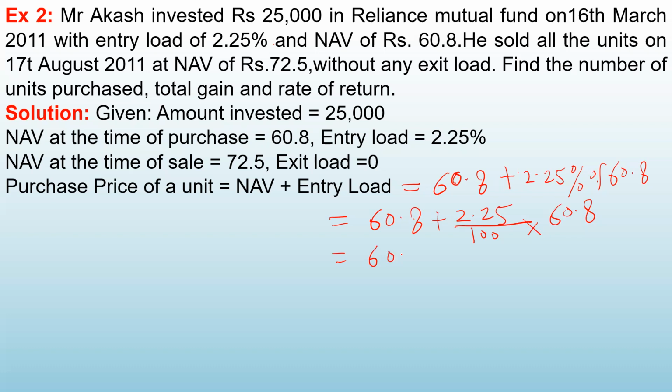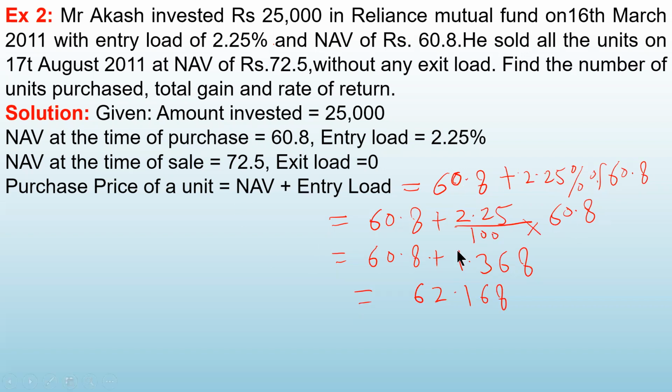Calculate: 2.25 into 60.8 divided by 100 gives you 1.368. And if you add it to 60.8, you will get 62.168. So this is the purchase price of a unit.